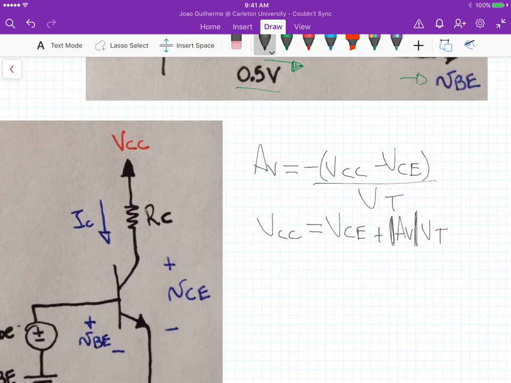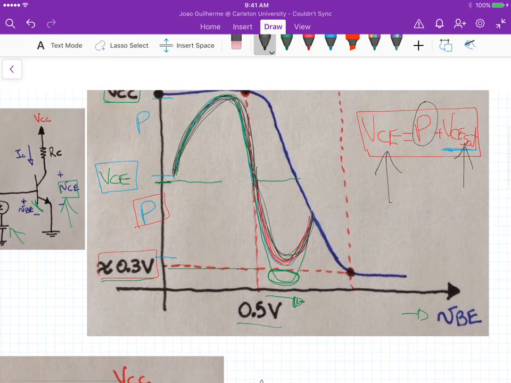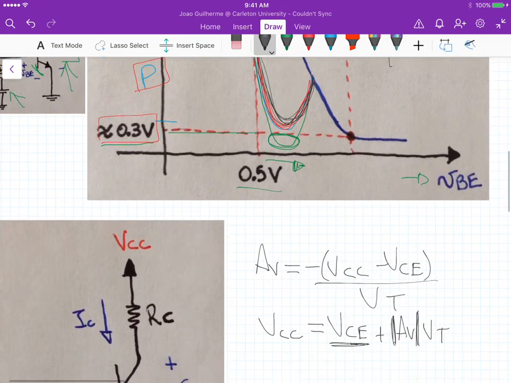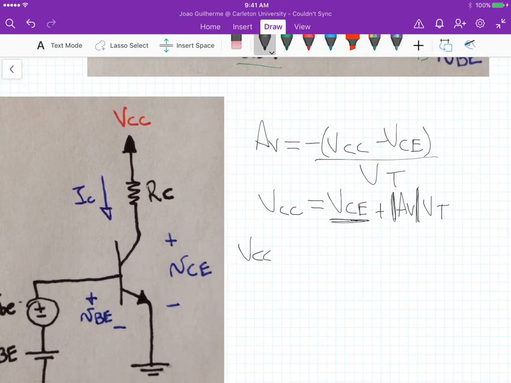Okay, so if we substitute this VCE using that analysis up here, we have that VCC minimum, the minimum value of VCC, is VCE saturation plus the maximum amplitude that we want to represent at the output plus AV VT.